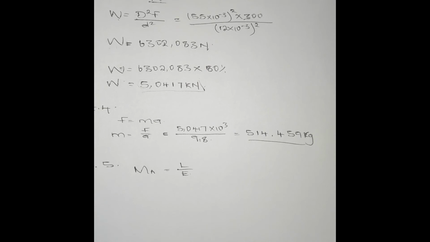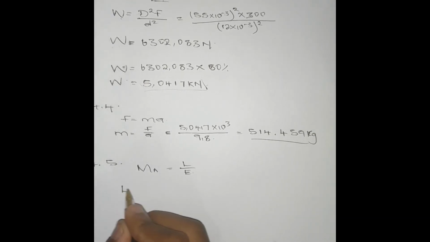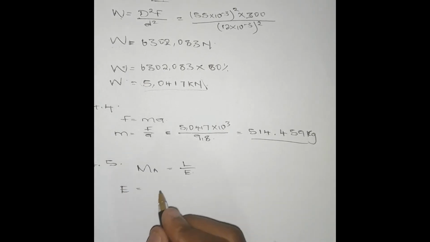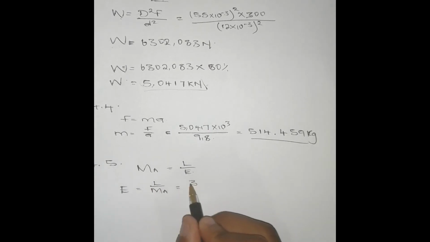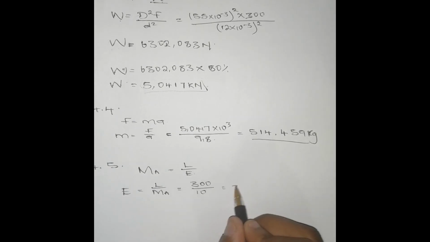So our effort E is going to be our load over the mechanical advantage, which is 300 over 10. It gives us 30 newtons.